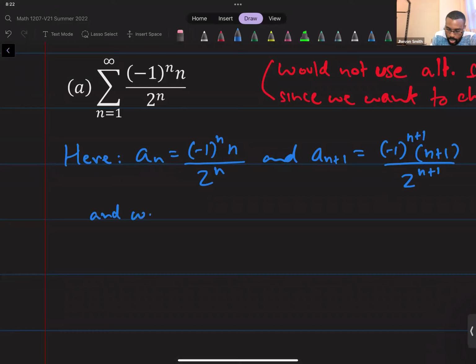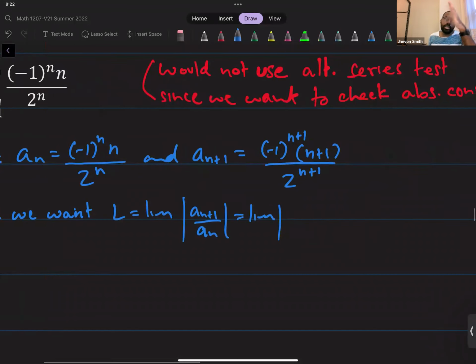And we want L equals the limit of a_(n+1) over a_n, which from now on I'm just going to skip a step, because technically it's keep, change, flip. So we kind of already know that. I'm just going to always think of this as a_(n+1) times 1 over a_n, because algebraically it'll be a lot nicer.